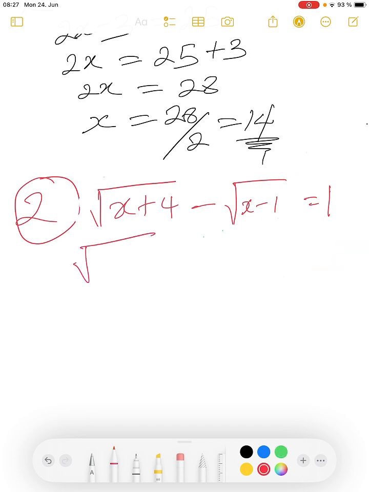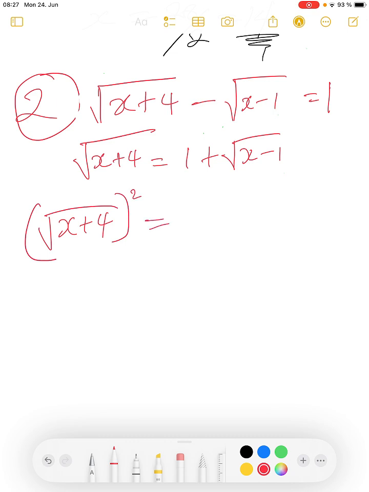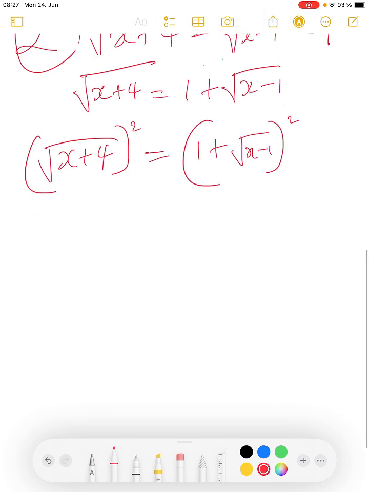So we have root x plus 4 equal to 1 plus root x minus 1. So we can now say root x plus 4 squared equals 1 plus root x minus 1 all squared. This can then cancel this, making it simpler.